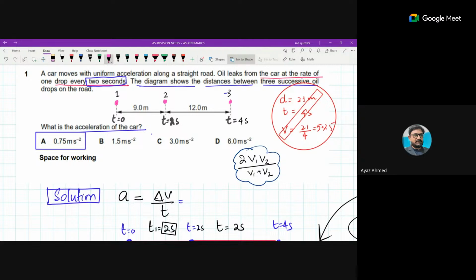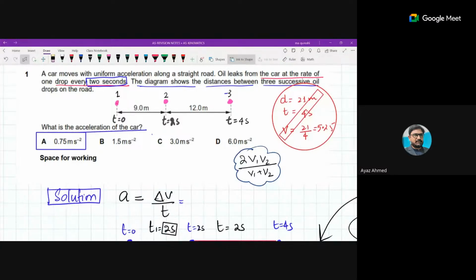The car was moving, and by the time the second drop has dripped, the car's speed was something different because it is accelerating, and for the third it is something different because again it is accelerating. But the only common thing is the time interval you have made, which is 2 seconds each, and the distances traveled between drops are 9 and 12 meters. So it is asked, what is the acceleration of the car?